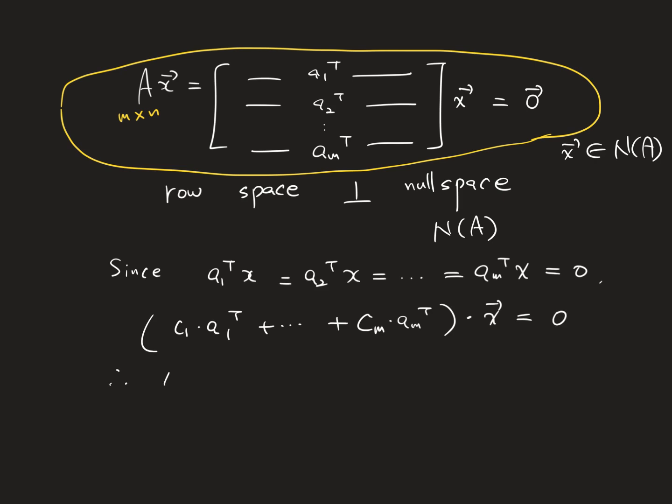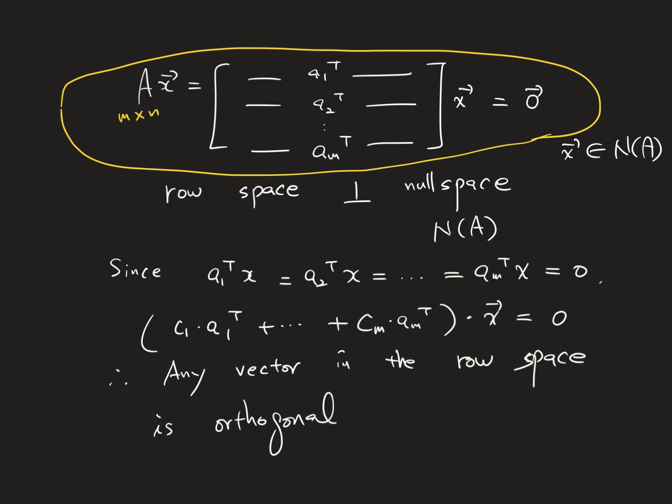So we can say any vector in the row space, because the row space is defined as the set of all linear combinations of the rows, is orthogonal to any vector in the null space.